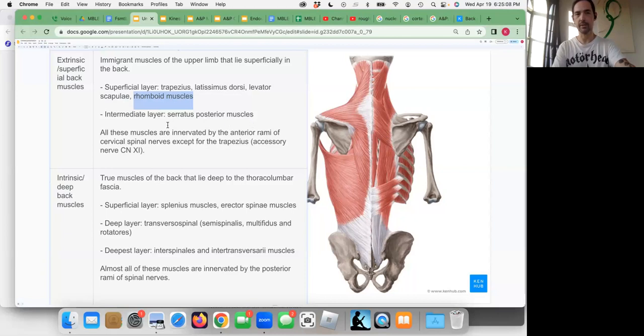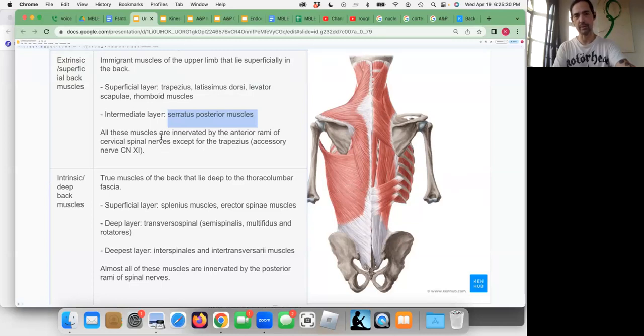That's the superficial layer for the extrinsic back muscles, and then the intermediate layer is the serratus posterior muscles. They're underneath here. There's a serratus posterior superior, and down here you can see another serratus muscle, the serratus posterior inferior.